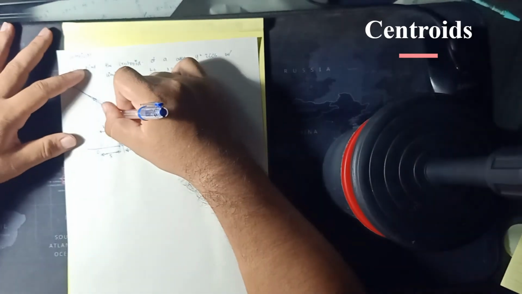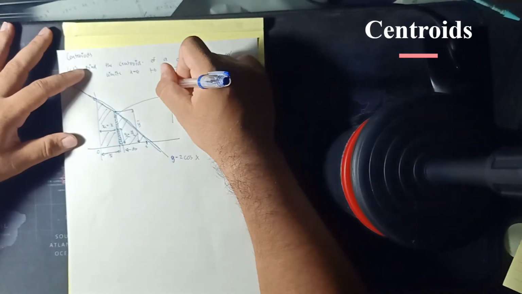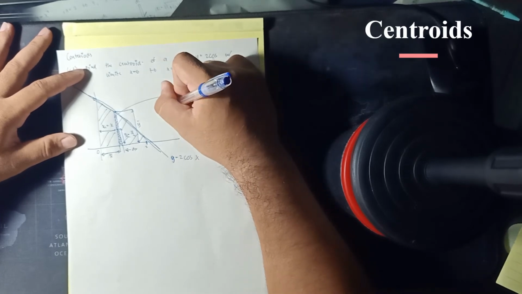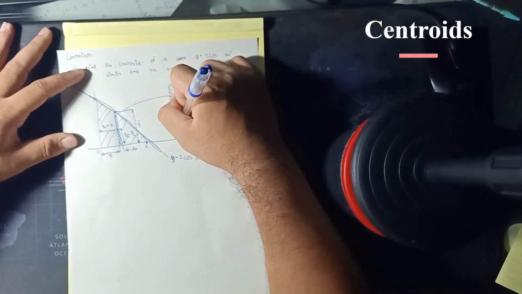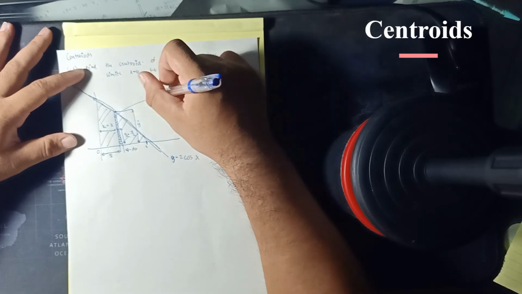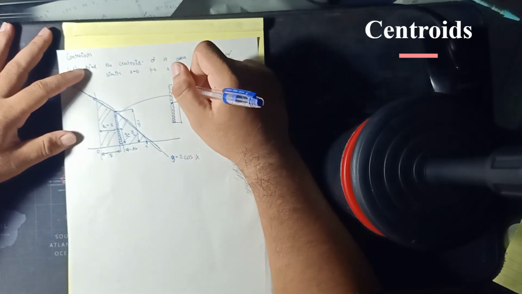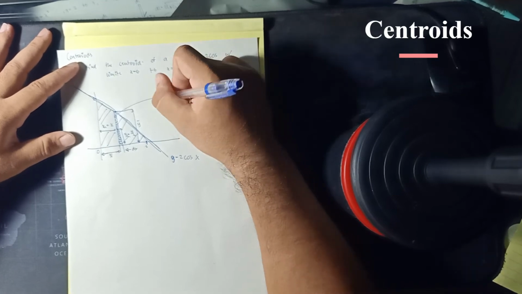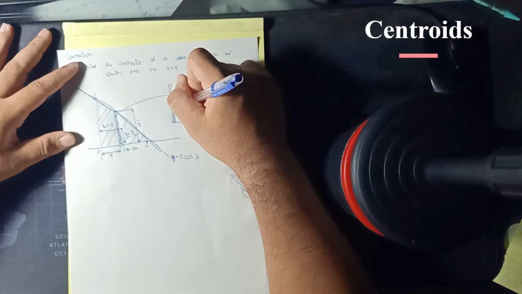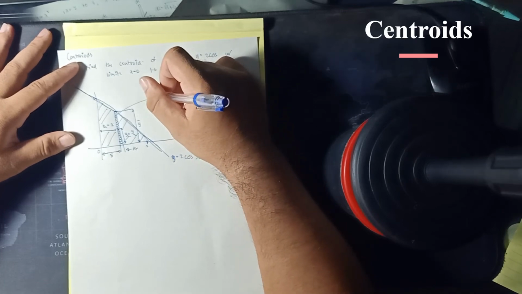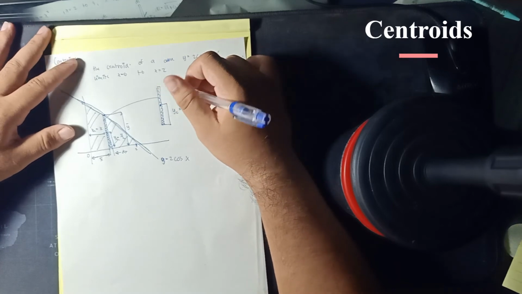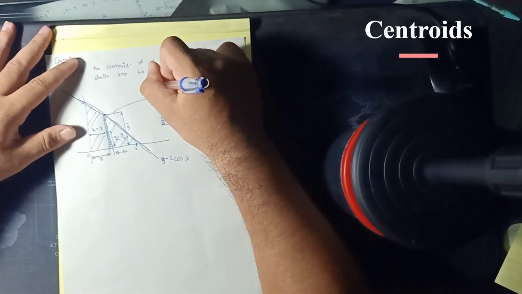So now, if you take out your strip here, from your centroid here, this is your yc equals y over 2. And from your xc here, you could say that you have your xc, and this is now your y.